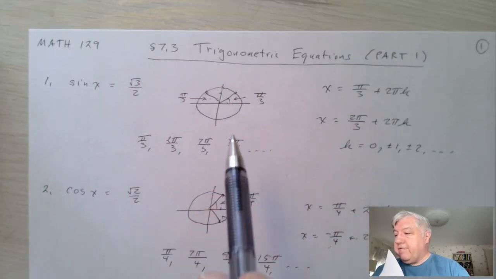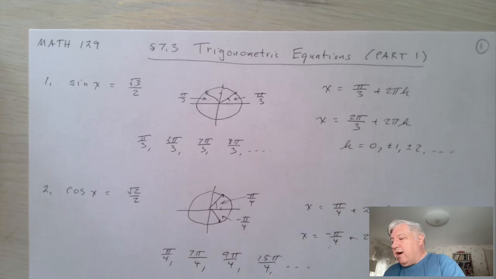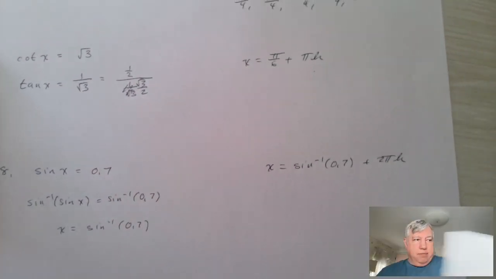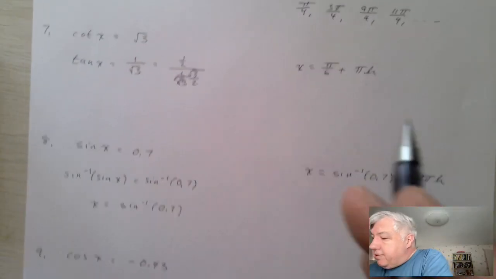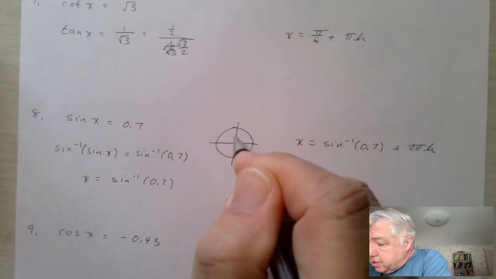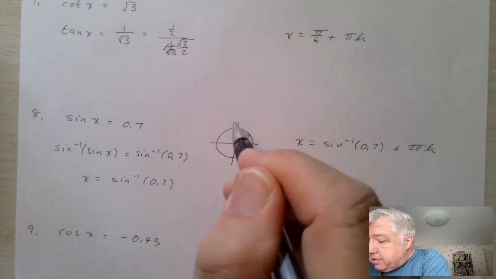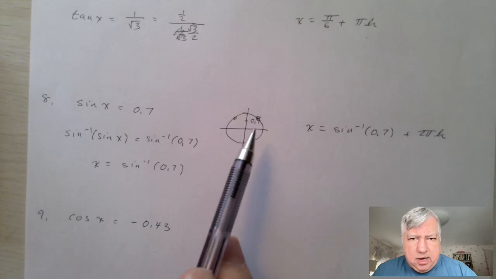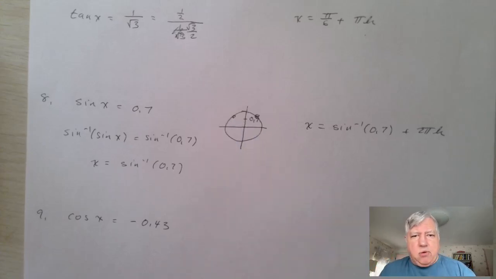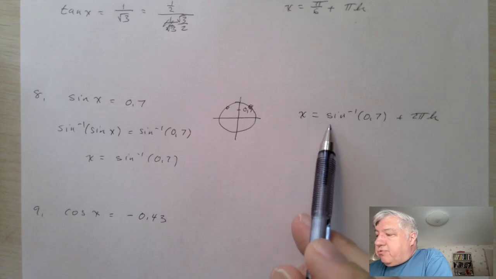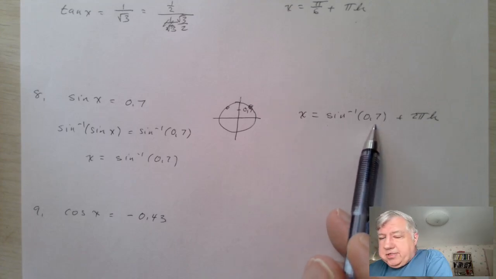In this case, this would be the first quadrant because x is 0.7. So if we look at our unit circle, here's 0.7. So we'll have a point here and a point here. So we have an angle in the first quadrant and an angle in the second quadrant that works. So this first angle in the first quadrant is the inverse sine of 0.7.